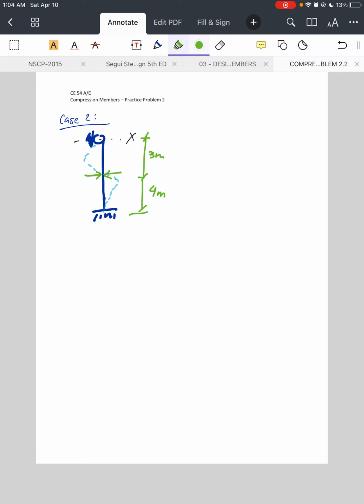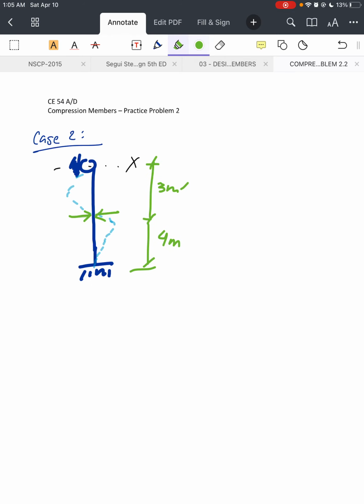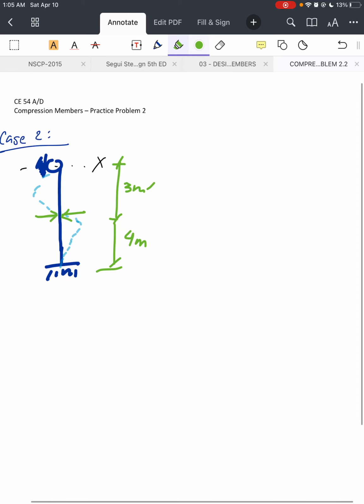Now, so sa upper part, this will be our case 2. Consider natin specifically the case 2 dun sa buckling about y-axis on the upper part. So your L will be equal to 3 meters. Okay?